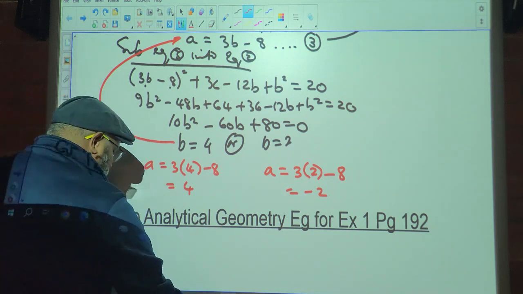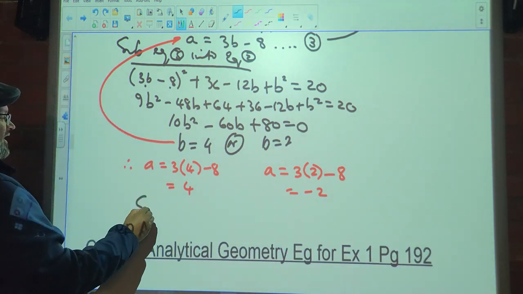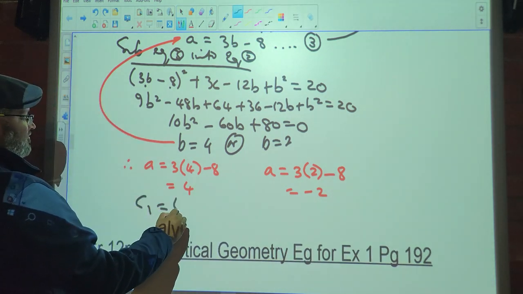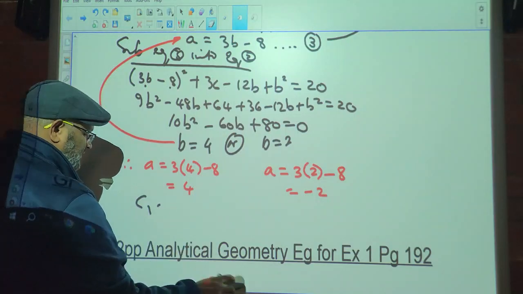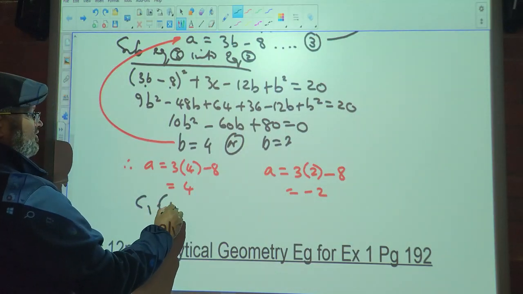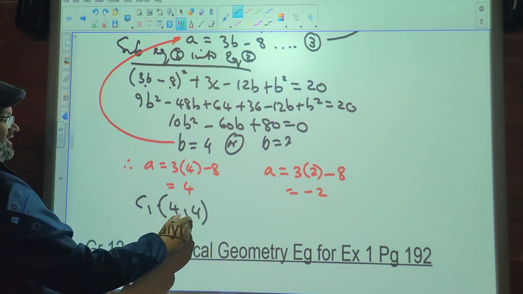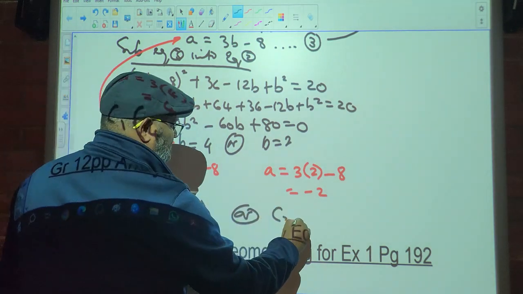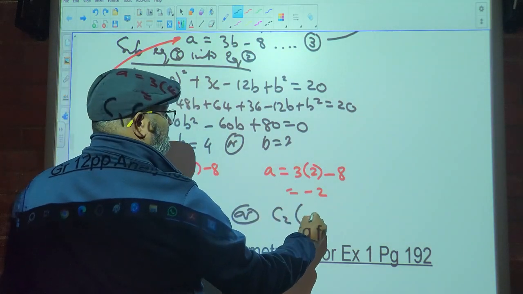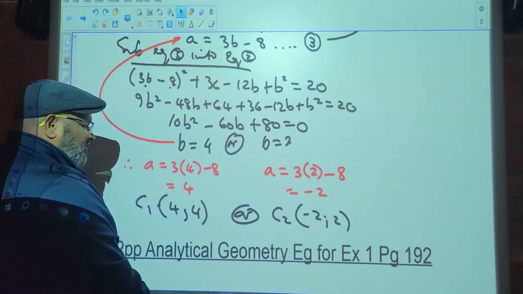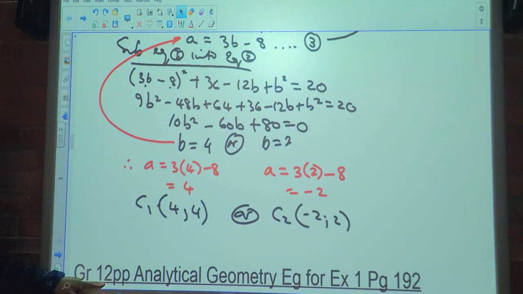Okay. So which means to say the center of the circle, center 1, could be 4 and 4, which was your A and your B, or center 2 could be minus 2 and 2. When I answer the question, what is the question?